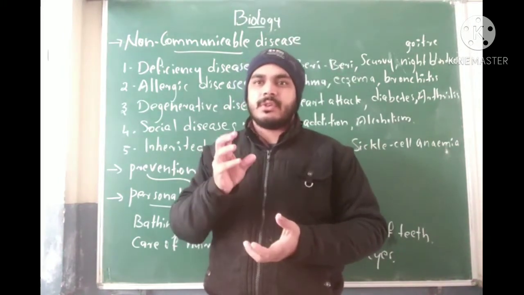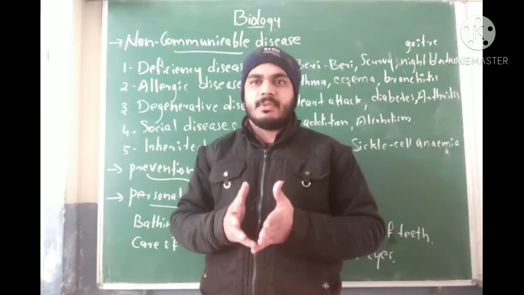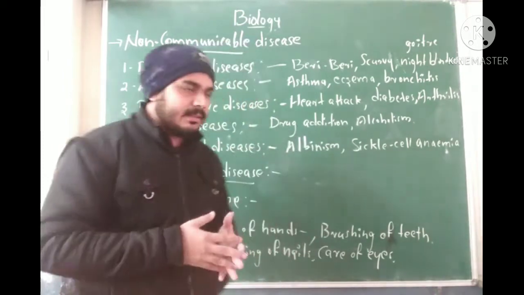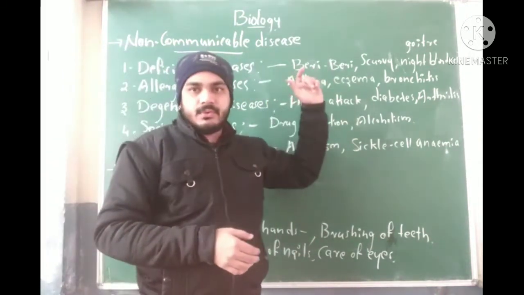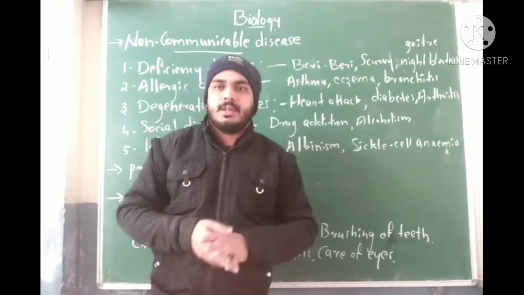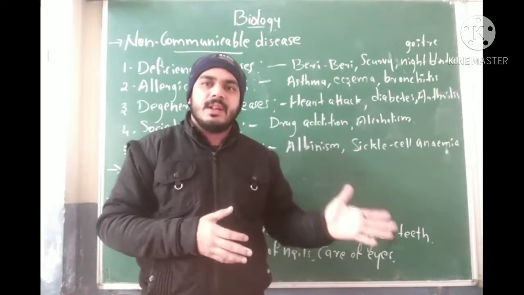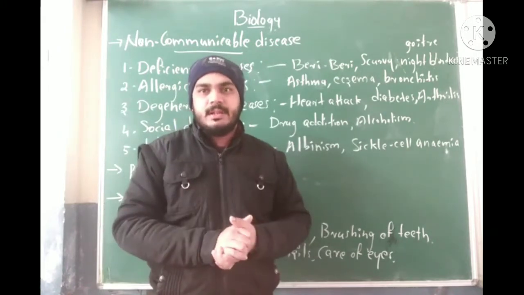Deficiency means a shortage of nutrition, and that is why some diseases can arise. Let's see which diseases are formed due to deficiency: beriberi, scurvy, night blindness, and goiter. These diseases are caused by the deficiency of some nutritional materials.